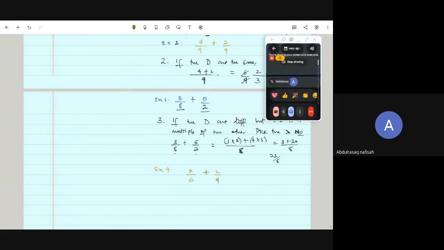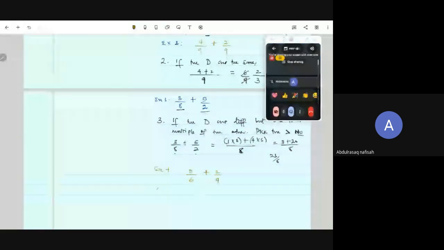This one now, it makes sense. You can see that 6 and 9 are not the same number. 6 is not a multiple of 9. No, it's not. But it has a common factor.